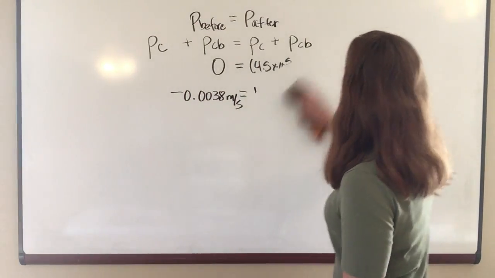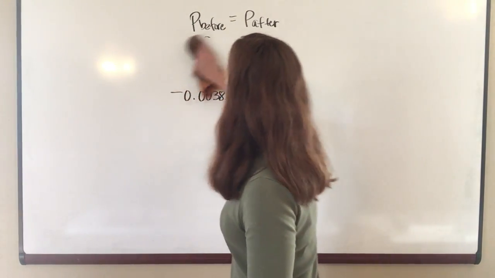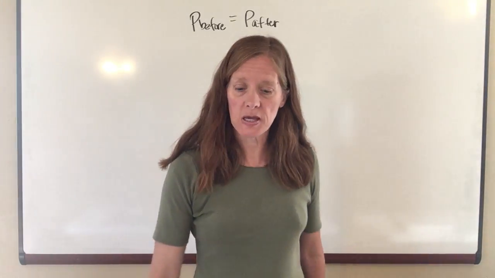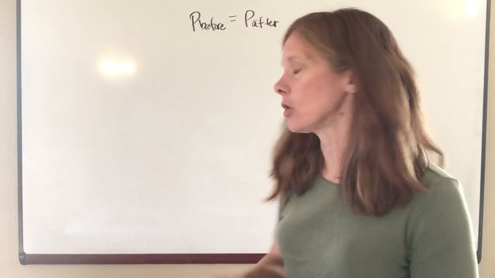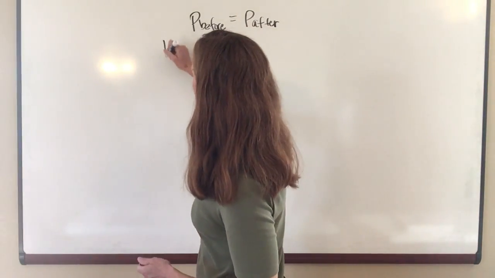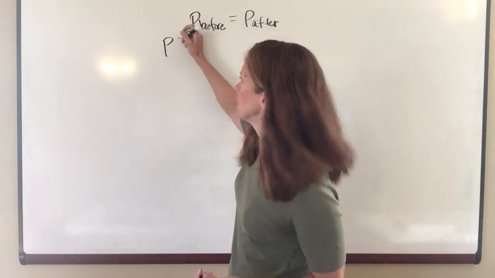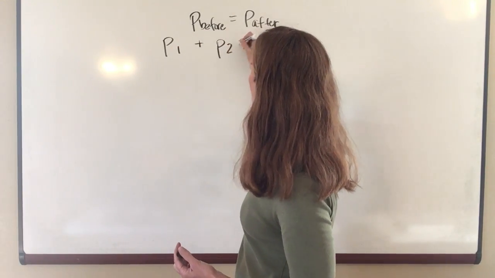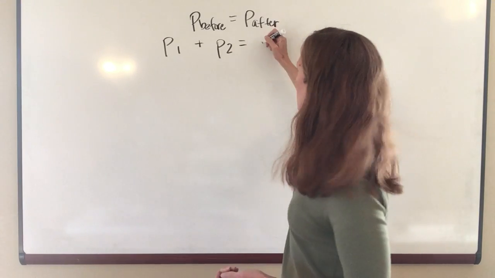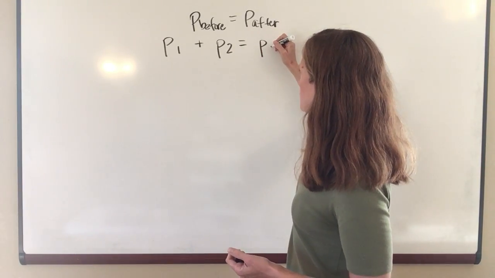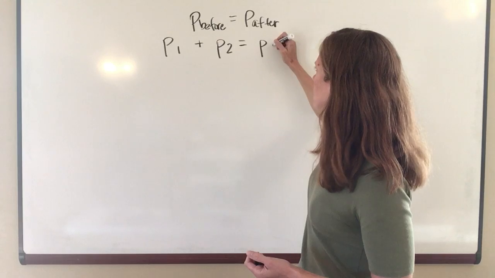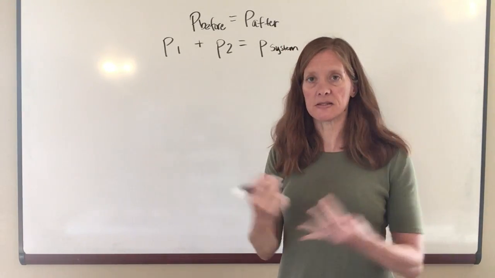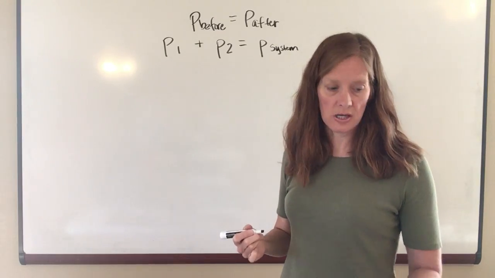Okay, so once again, the momentum before has to be equal to the momentum after. So I'm going to have the momentum of the first car plus the momentum of the second car equal to the momentum of the two-car system after the collision, because they do collide and become one unit.